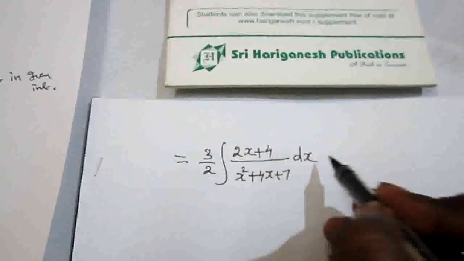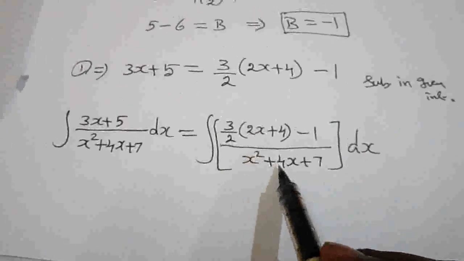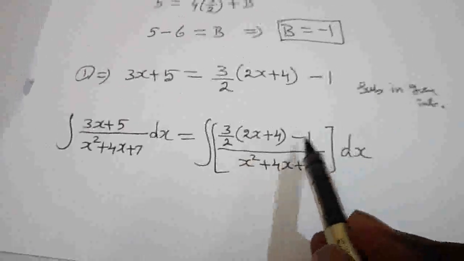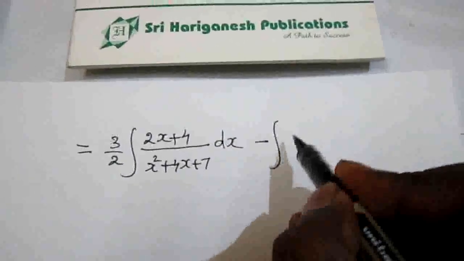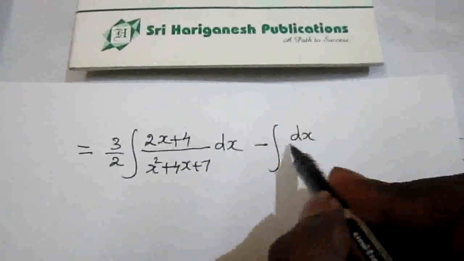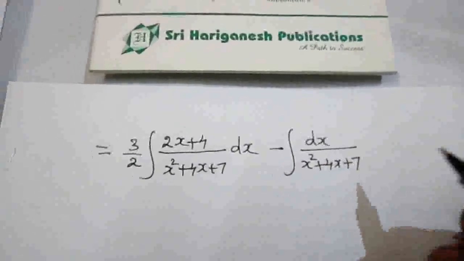This is the first part. The second part is minus 1, so I don't take anything outside, simply minus the integral of 1 dx divided by (x² + 4x + 7).